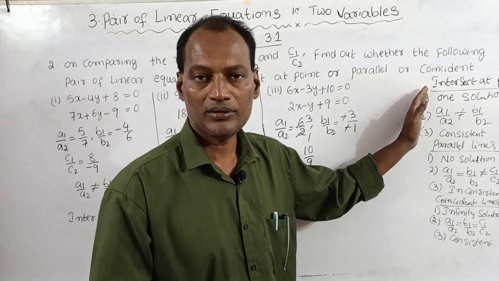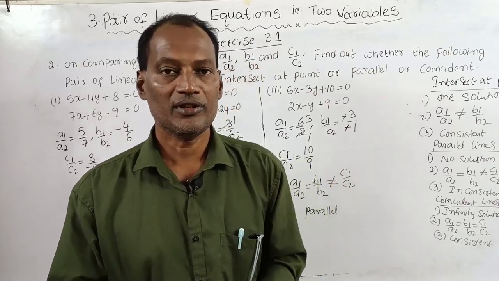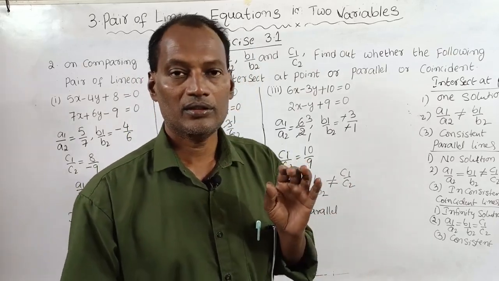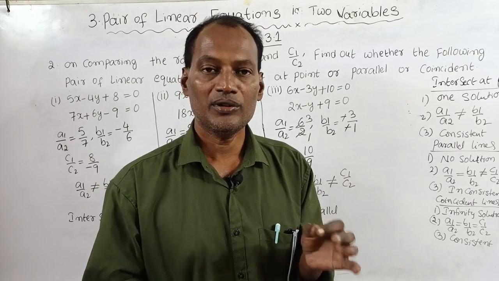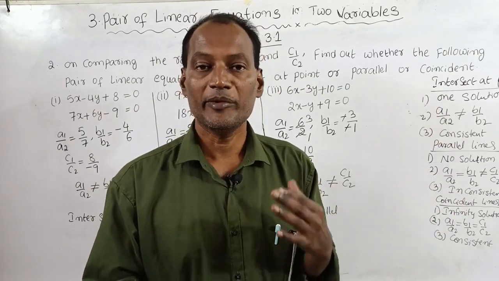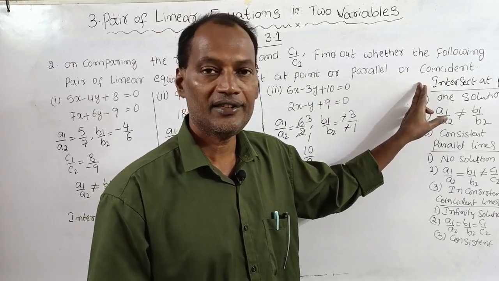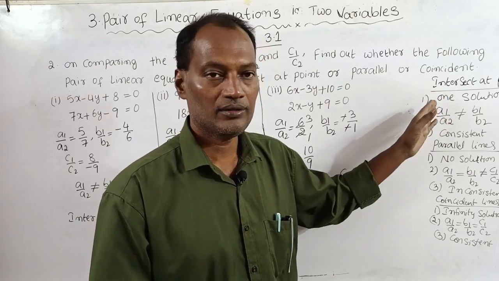Actually, we need not write these points here. If you are confused while solving the question, if you already know these 3 points but are unable to remember them while solving, you can write them in the margin and easily differentiate after solving.